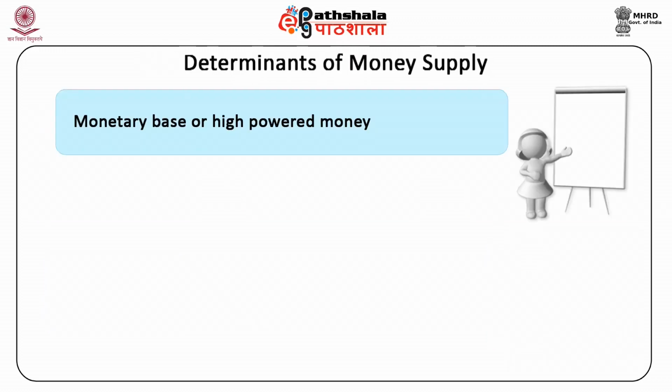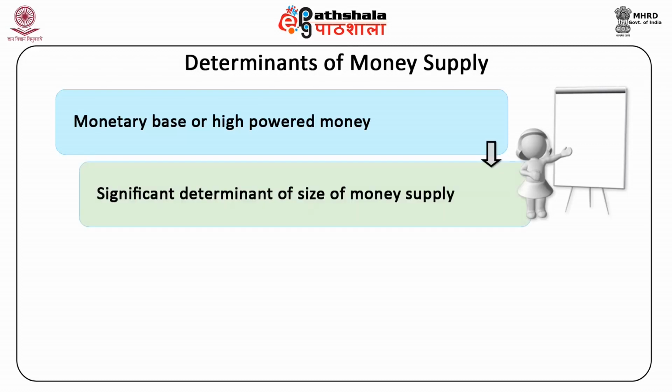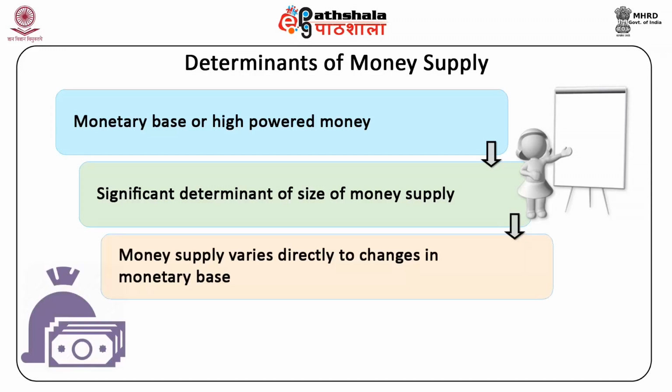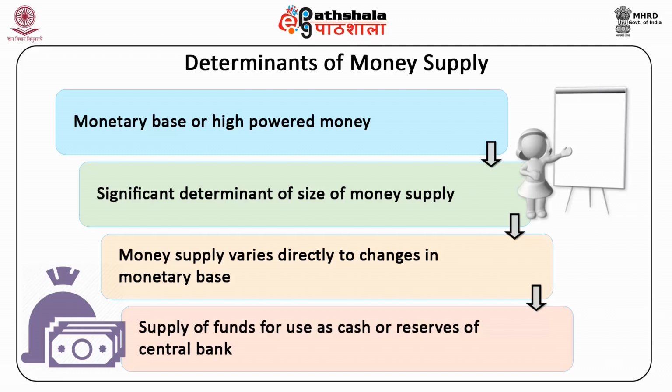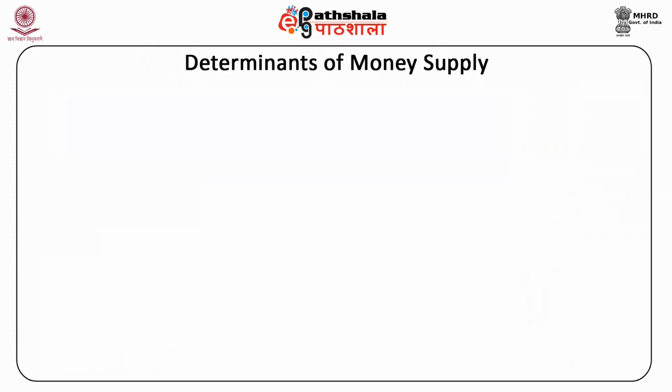Monetary base, that is H, is a significant determinant of the size of money supply. Money supply varies directly in relation to the changes in the monetary base. Monetary base refers to the supply of funds available for use either as cash or reserves of the central bank. In short, it represents the total cash in the economy.